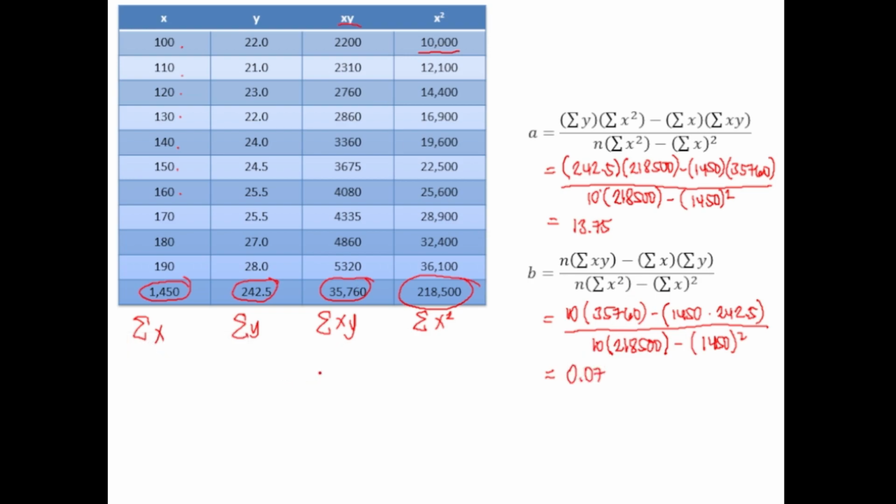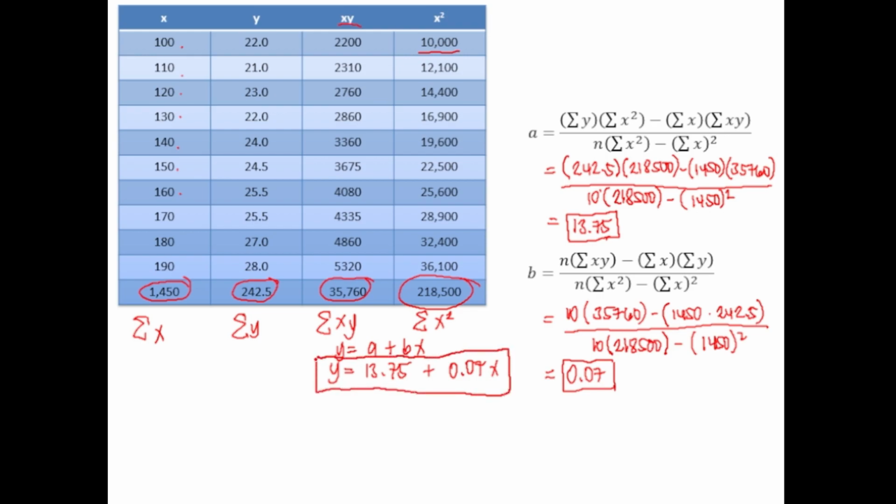Okay, so substitute na po natin sa ating linear equation. So ito, y equal to 13.75. Remember yung y po natin ay equal sa a plus bx. So yung a po natin ito, yung b po natin ay ito po. So plus 0.07x. Ito na po yung ating linear equation.